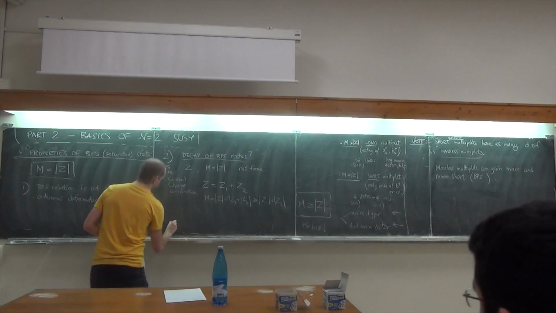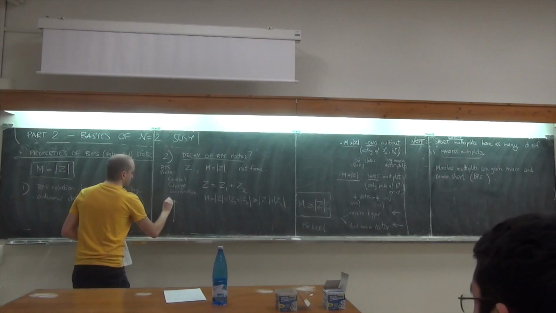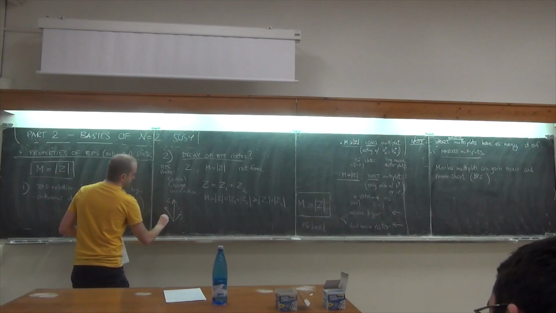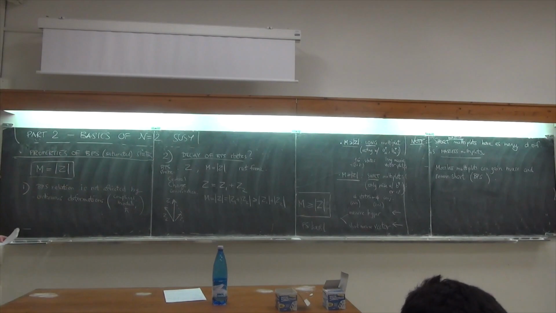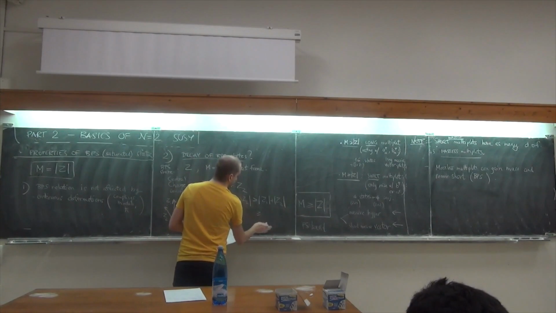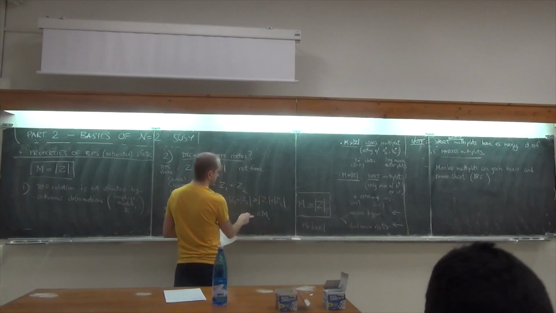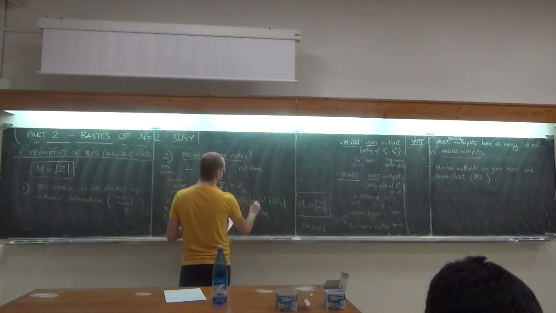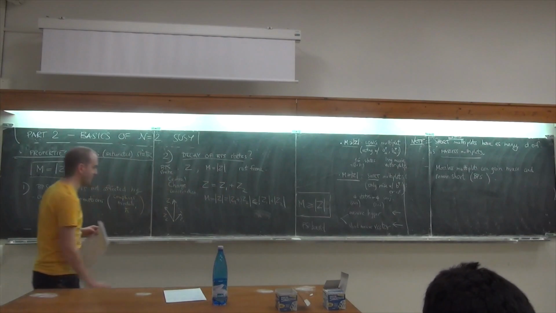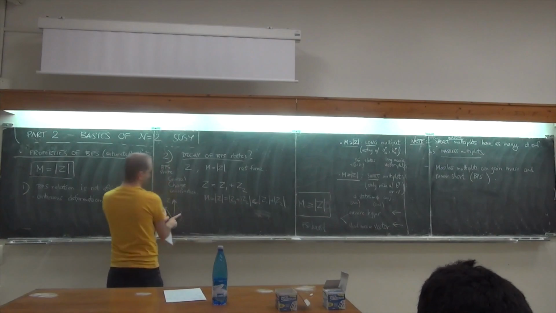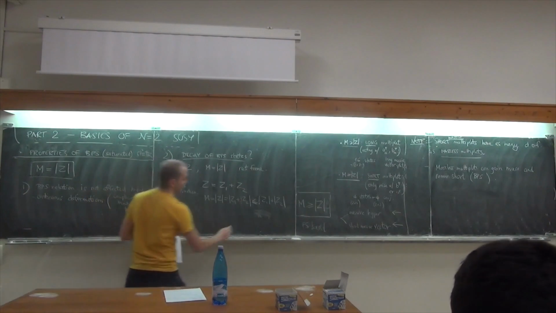The picture is as follows: this is Z, and it can decay into Z1 and Z2.